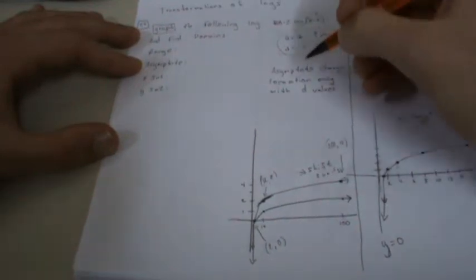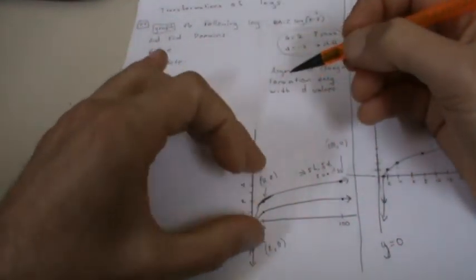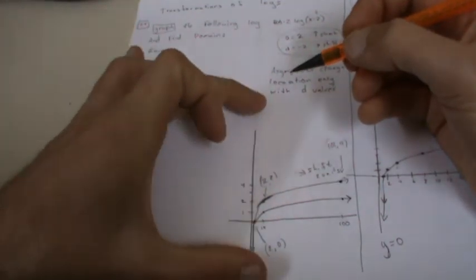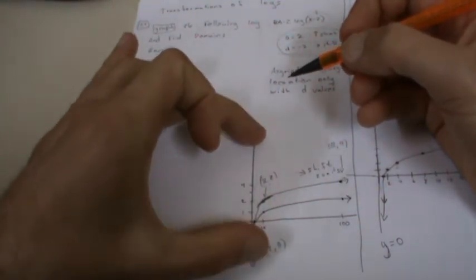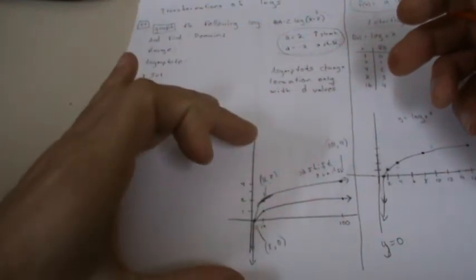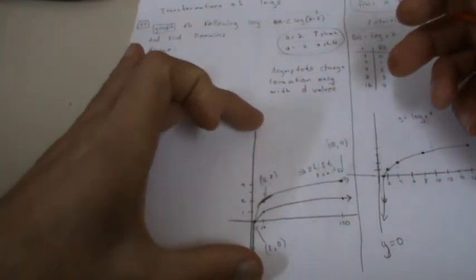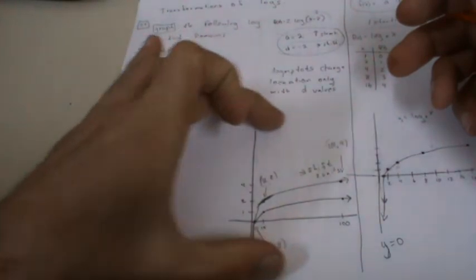And so basically what this means is, if I stretch it up, the asymptote doesn't change. If I stretch it this way, it doesn't change. If I reflect it this way, it doesn't change. If I reflect it that way, it doesn't change. If I shift it up or down with a c value, it doesn't change. So the only way I can change it is if I shift it left and right.